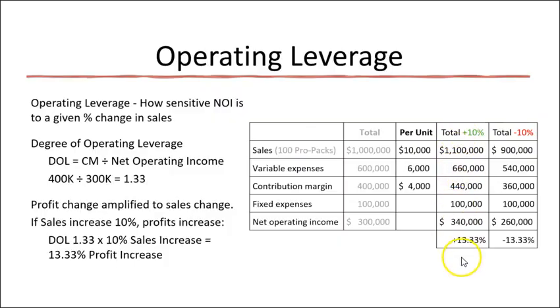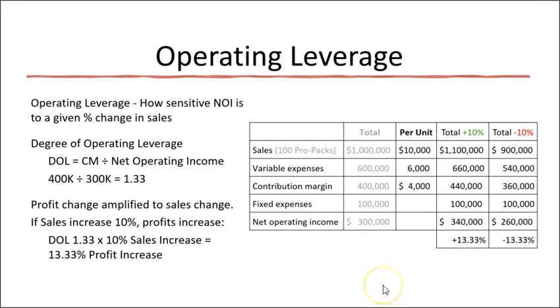We could redo the income statement, but with the degree of operating leverage multiplier, we simply take 1.33 times that sales increase, and we know that net profit would increase 13.33%. As it does here, profit goes from $300,000 to $340,000.